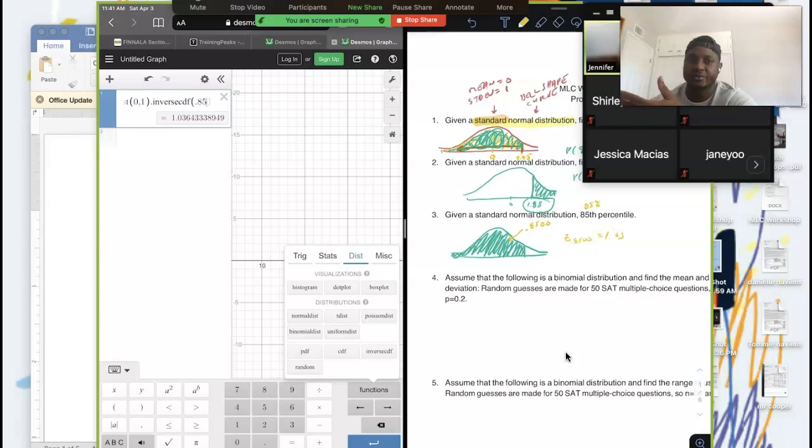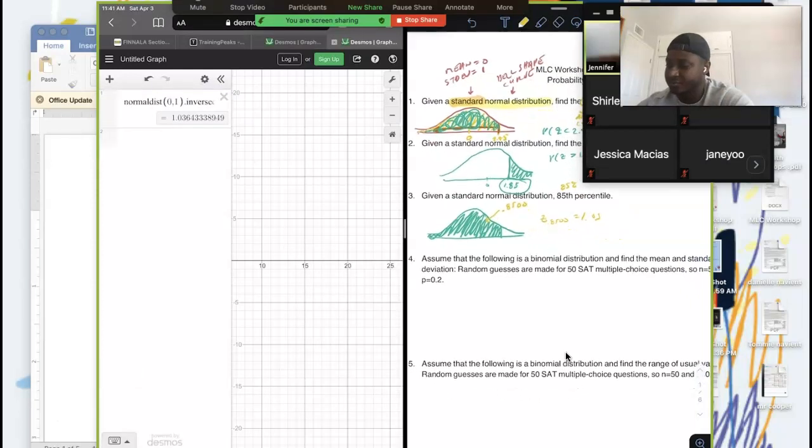Instead of taking the z-score and then finding the area, we're going backwards from the area to find the z-score. So that's the idea.